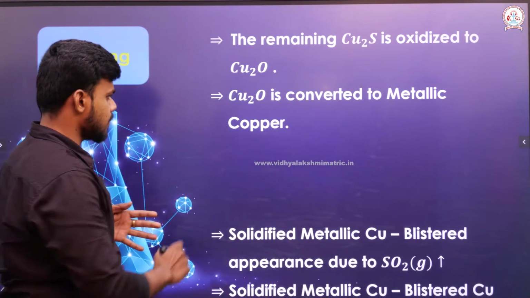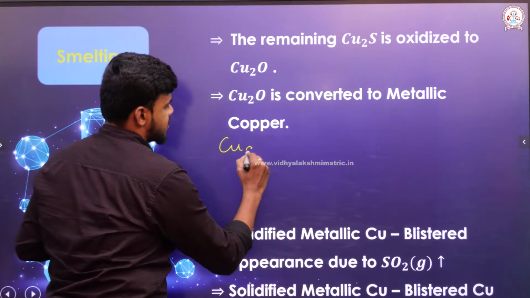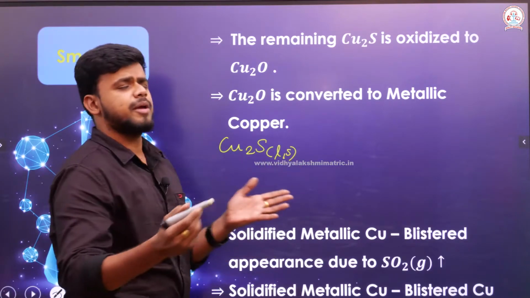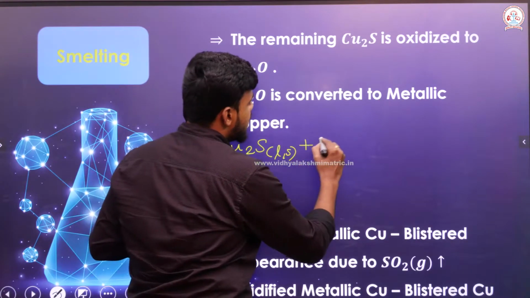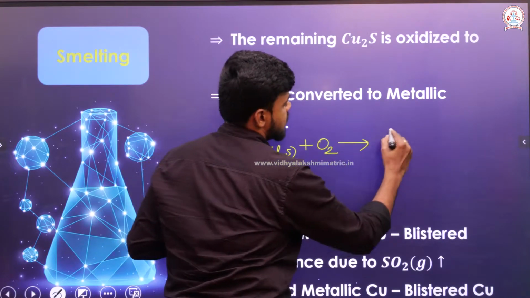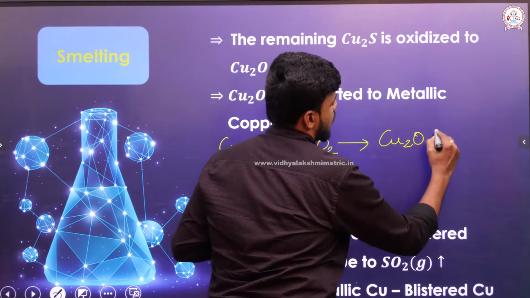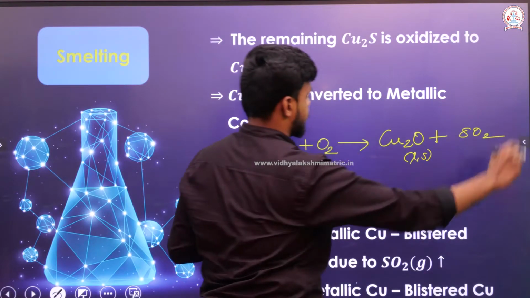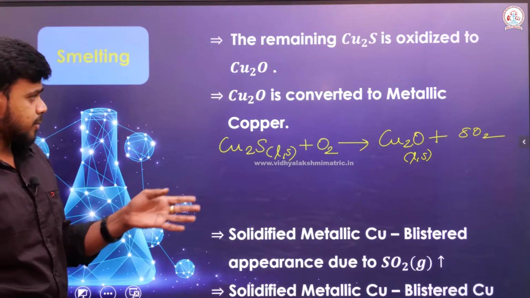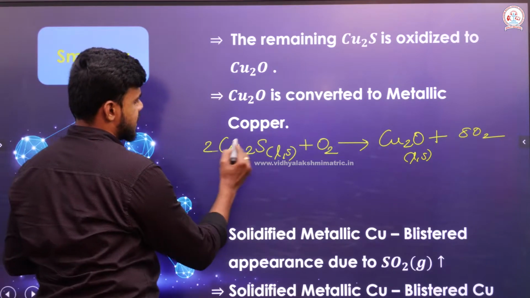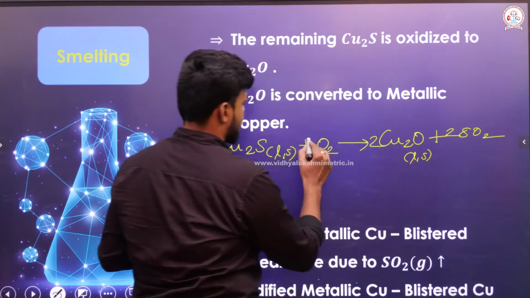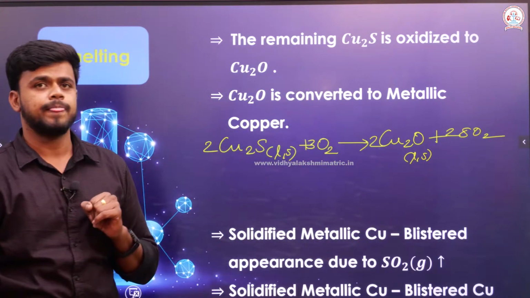The Cu2S, which may be in the liquid or in the solid, will be oxidized to Cu2O, and sulfur dioxide will go out. To balance, let me write it as 2. Sulfur becomes 2, so oxygen becomes 3, so let me mention it as 3.